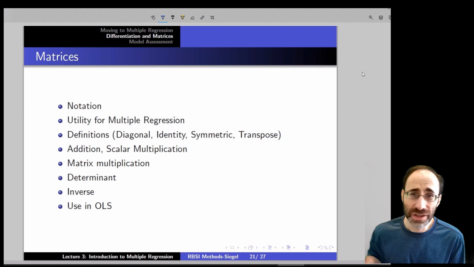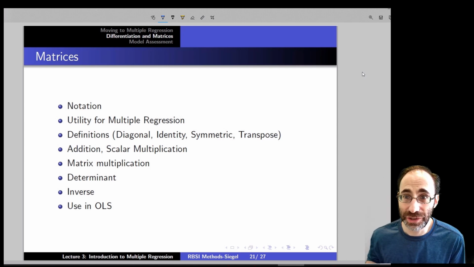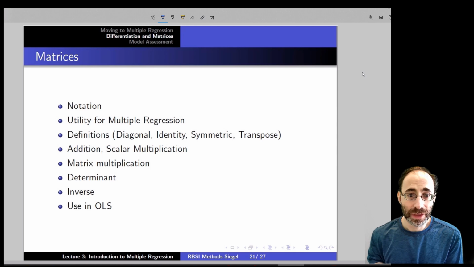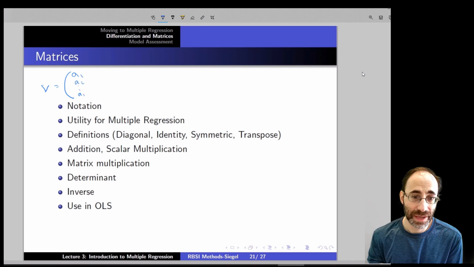Okay, let's start with some notation involving matrices, and a lot of this will be very familiar from when we talked about vectors. When we talked about vectors, to remind you, we had a column vector, some v, equal to a1, a2, dot, dot, dot, down to some an.